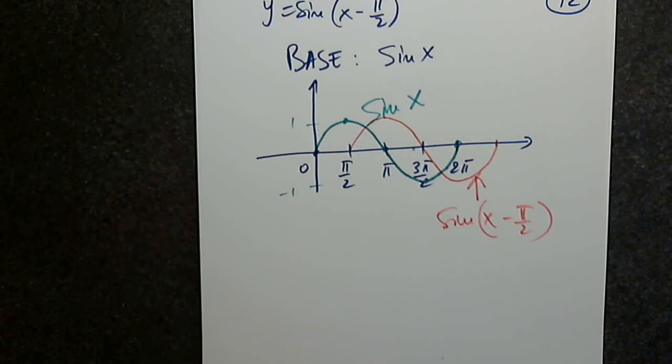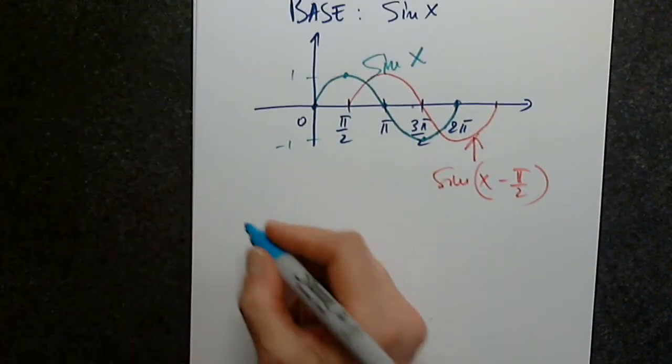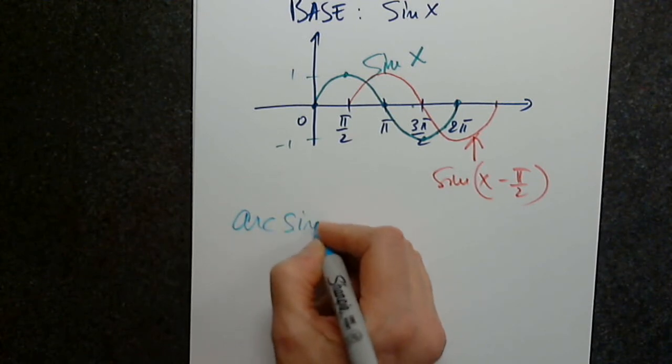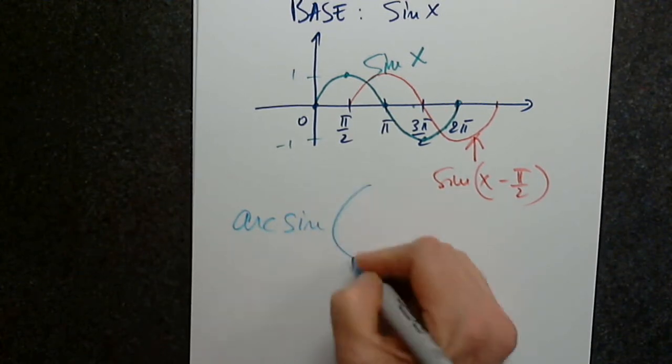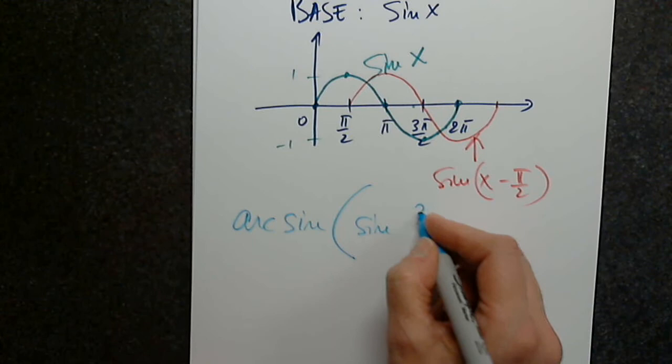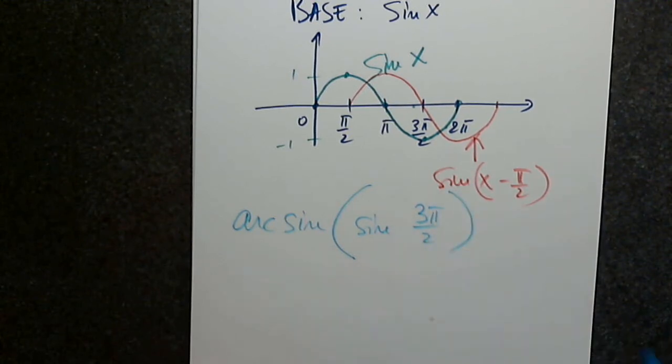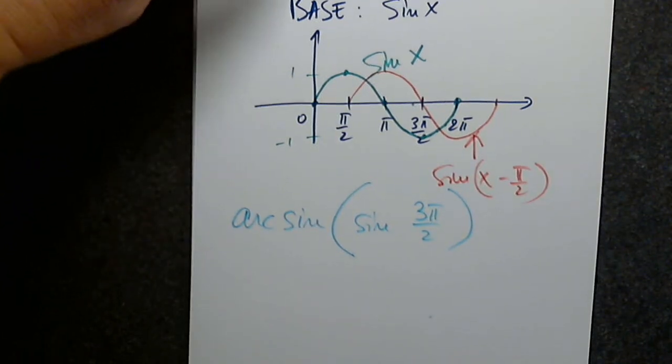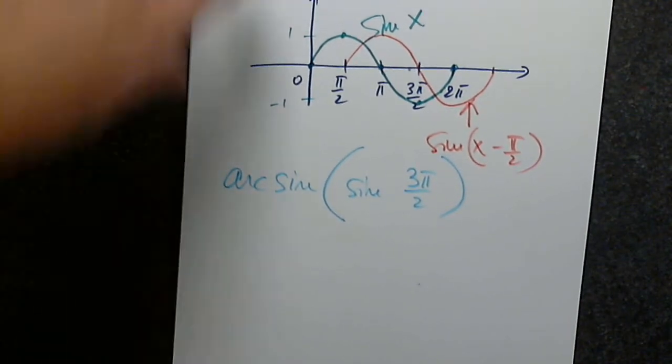And the last one, arcsine of sine of 3 pi over 2. Before you say anything about this, I want to say something.